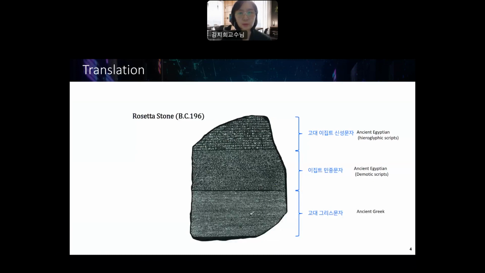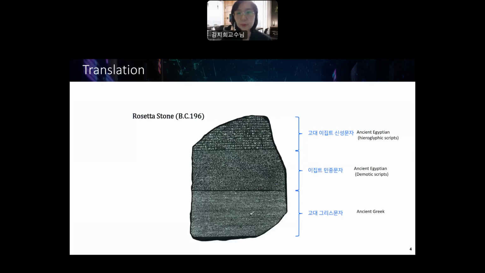So this work is in part motivated by the Rosetta Stone that was discovered a while ago. This stone has 3 different languages, and they represent the same meaning or the same content.